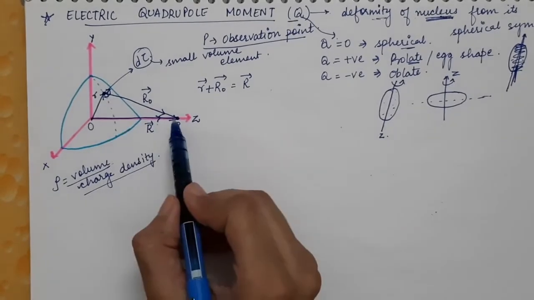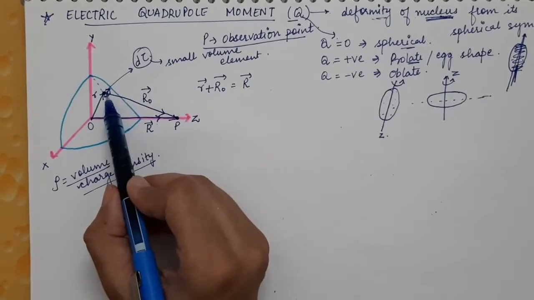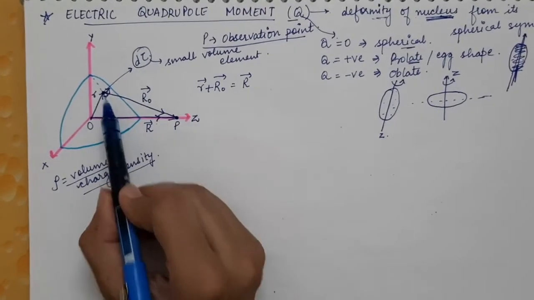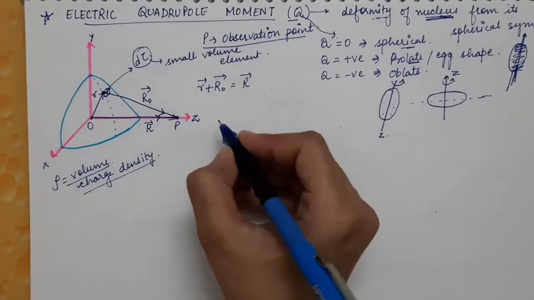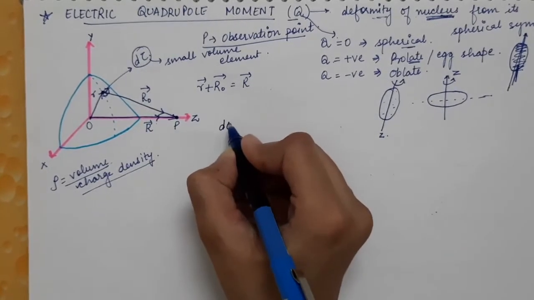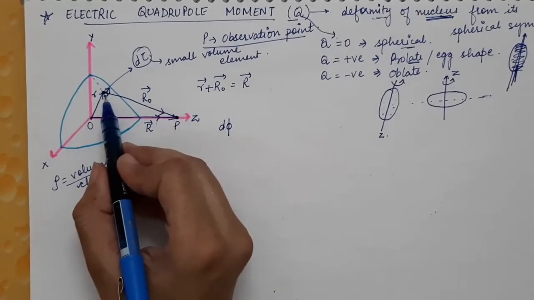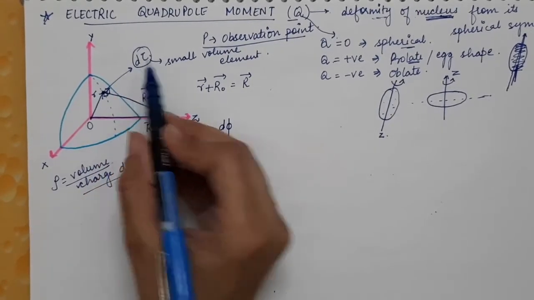So the potential at point P due to this small charge present inside d tau, let's say, is given by d phi.